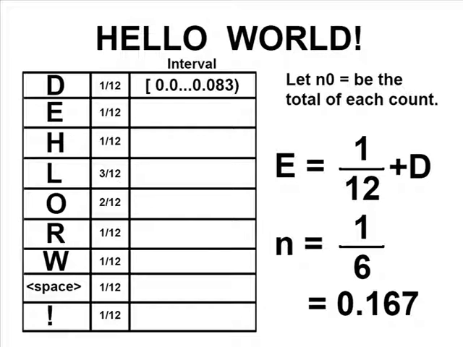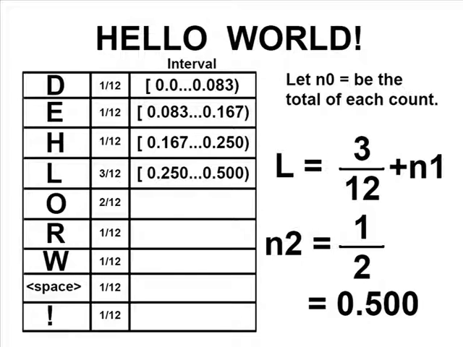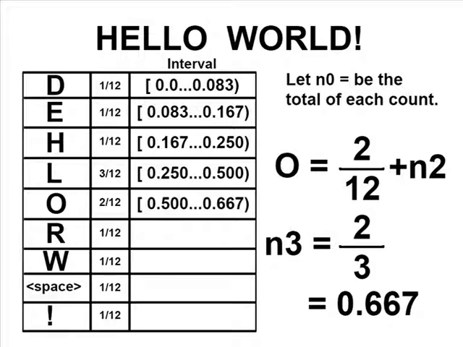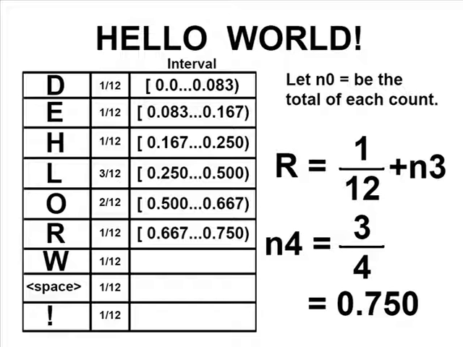Since E is 1/12, by adding it with D, which is also 1/12, you'll get 1/6, which has a decimal form of 0.167. So the interval of E will be 0.083 to 0.167. The process in getting the intervals of other symbols is the same, by just adding their probabilities. We proceed in this vein until the entire message is encoded.